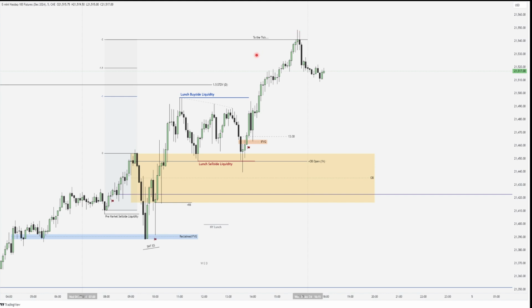Where could you then reach for, say you bought here at the inversion fair value gap, or just the fair value gap in general, or you bought as a turtle soup here below this old low? Then you could look for standard deviation projections higher, which I like to use with this very obvious breaker.